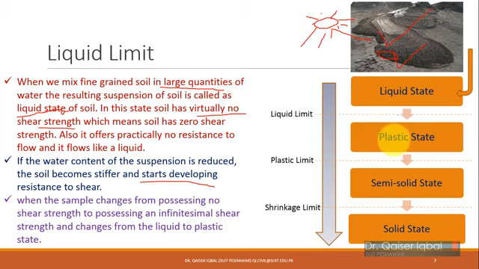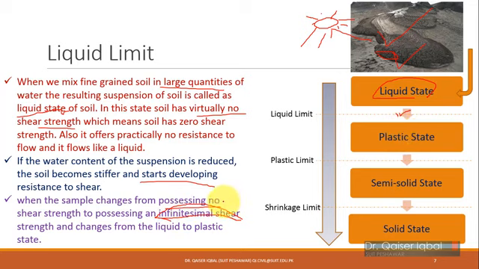So if the soil possesses no shear strength up to a point where it starts producing an infinitesimal, very small amount of shear, that point will be known as the liquid limit, where the liquid state has ended and the soil has started to develop the plastic behavior.